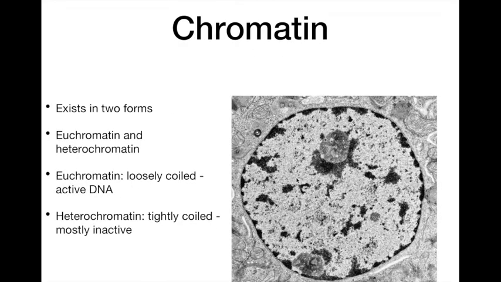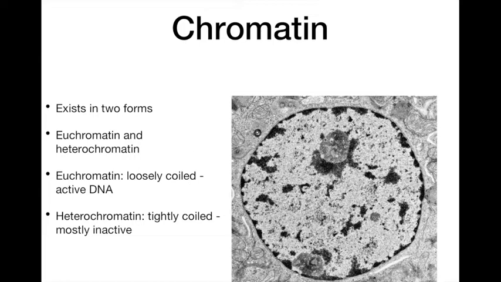Chromatin exists in two forms, euchromatin and heterochromatin. The euchromatin is loosely coiled, while the heterochromatin is tightly coiled. You see, when something is really coiled, nothing can happen in there, because proteins and enzymes cannot read this part of the molecule because it is really tightly coiled.